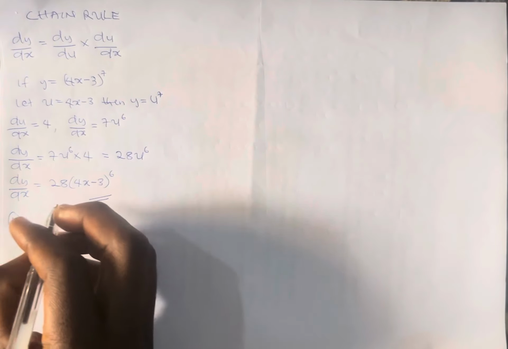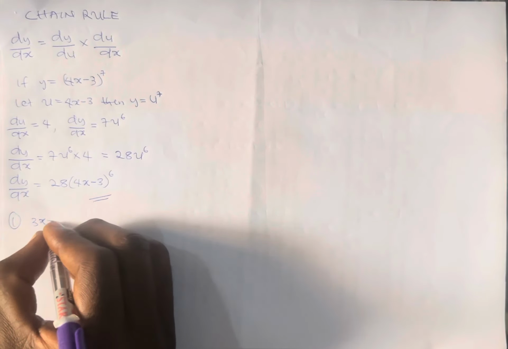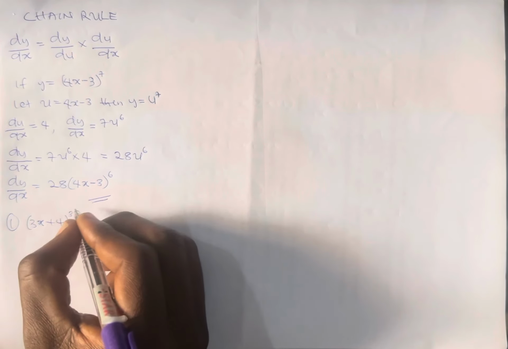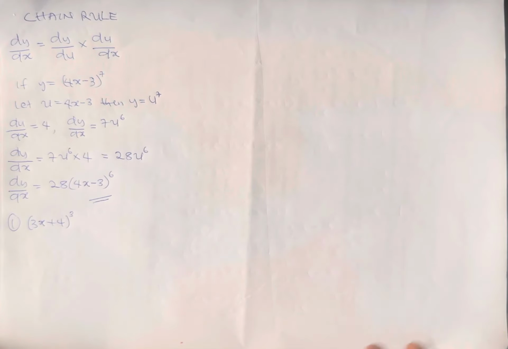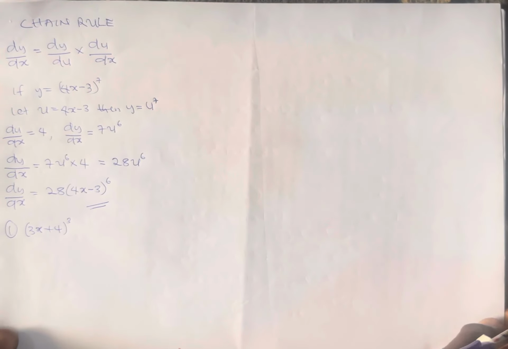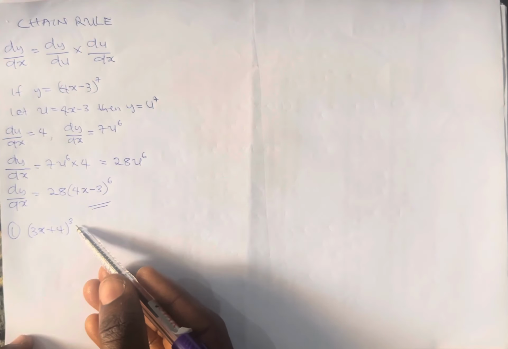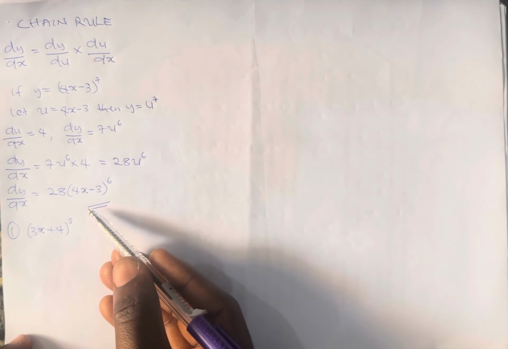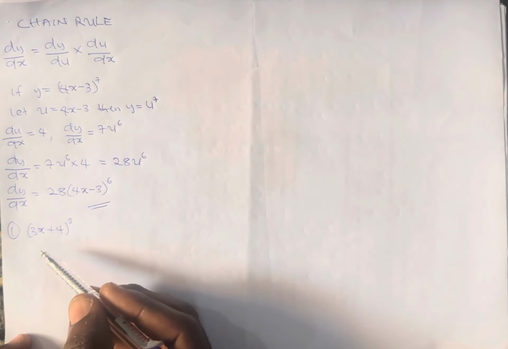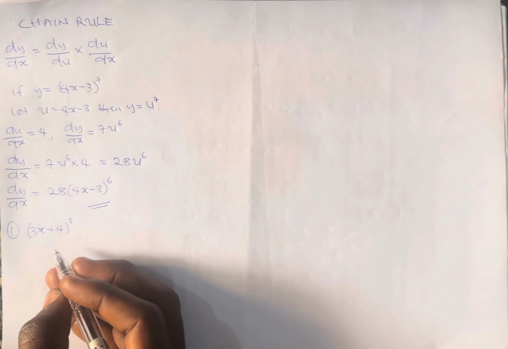So example 1, we have (3x plus 4) all to the power of cube. So remember, in chain rule we said it's a function of a function. So in chain rule, by the time you drop the power and you reduce 1 from the power, you're going to differentiate what is in the bracket. Let's see how it works.